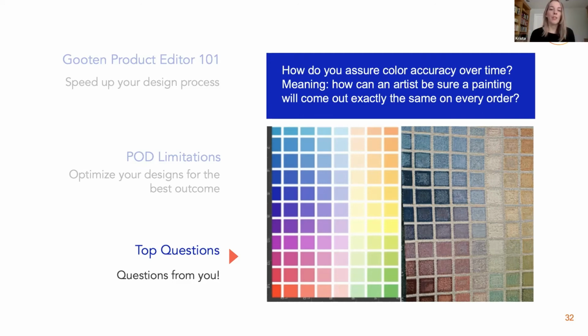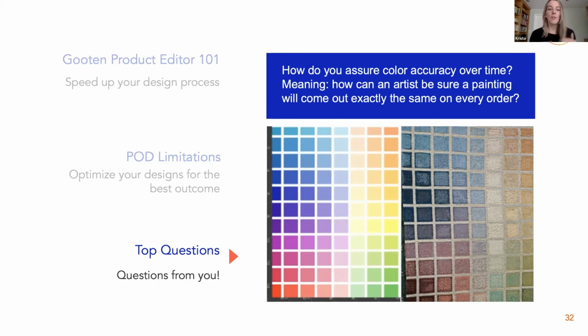Our manufacturers don't color match every single order. We don't want to add to production time and things like that. So I think the best thing to do will be to take the tips I mentioned before and print a sample, especially for individual products like a canvas, and I'm assuming they would be printing something like a painting on a canvas.